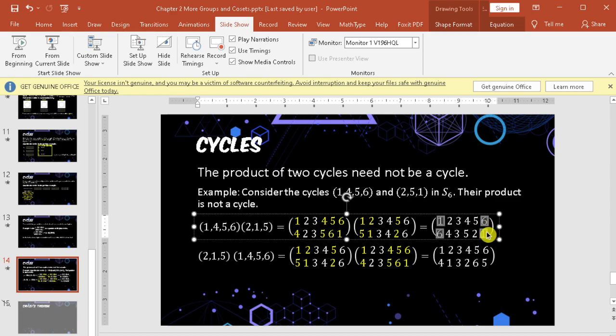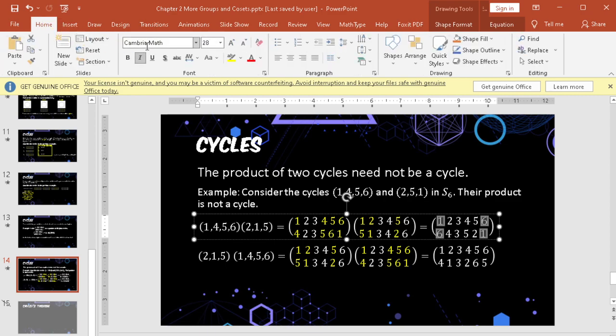Ano na yung definition ng cycle? Cycle if at most one ang orbit na more than two ang elements. So, that is an orbit of the cycle. If this is to be a cycle, dapat yun lang. The rest is pare-parehas lang yan. 2, 2, 3, 3, 4, 4, 5, 5 dapat.